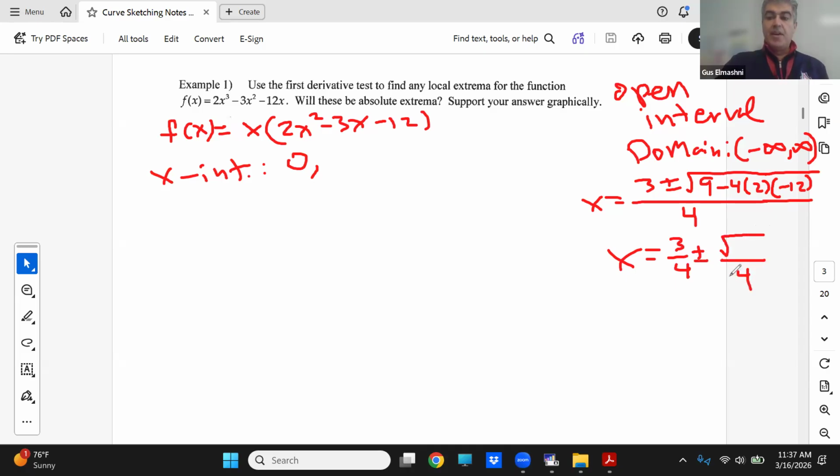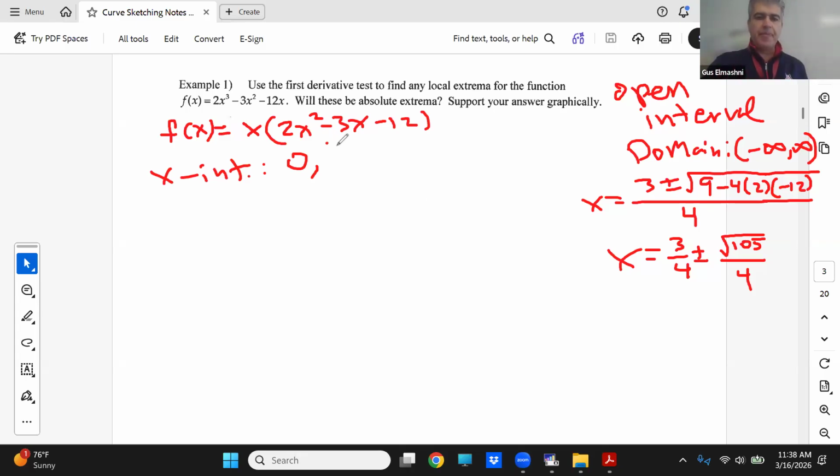I don't like it either. That's 8, negative 96, plus 96, 105. Okay, don't worry about that so much. It's like 10 point something, right? But there's no plus or minus. So anyway, we could eyeball it. I think we're okay there.